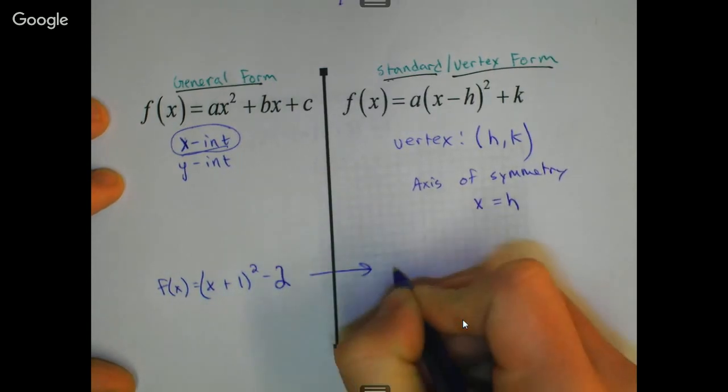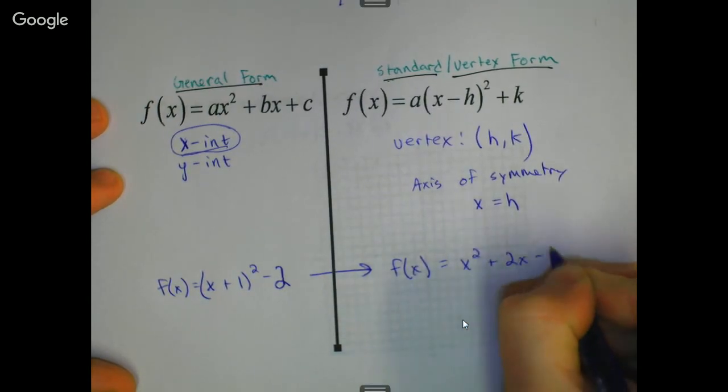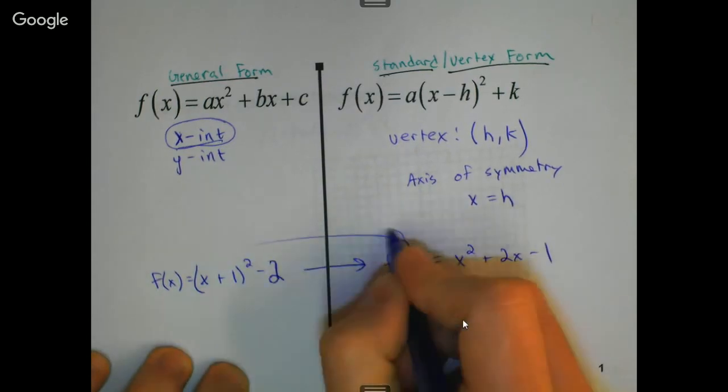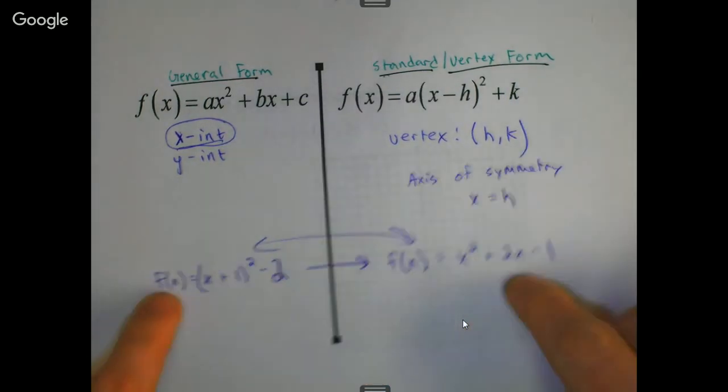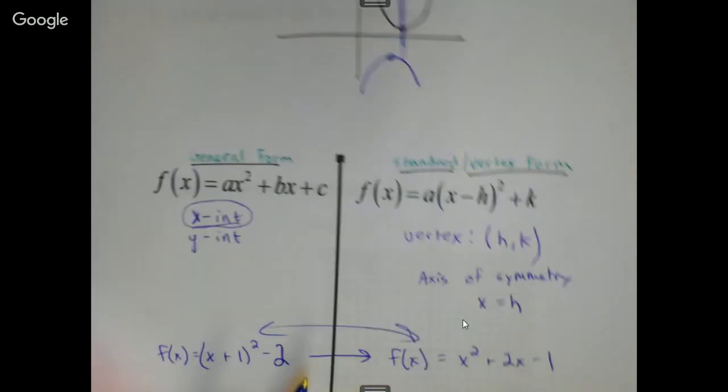That's the exact same as writing it this way. Those two are the same, and I flip-flopped sides here by accident. How we go from one to the other is what we're going to look at.